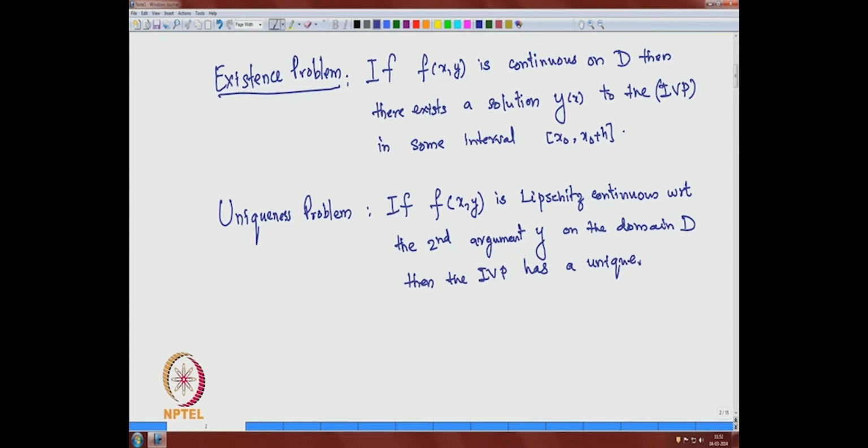Rather, the solution of the initial value problem is unique if a solution exists. And if f(x, y) is Lipschitz continuous with respect to the second argument, that is y, then the solution is unique.